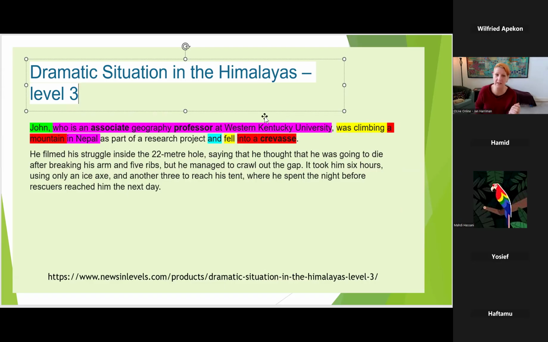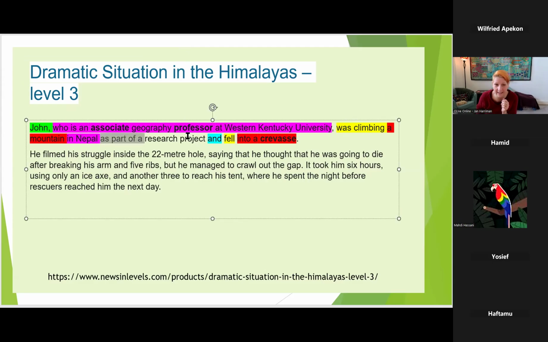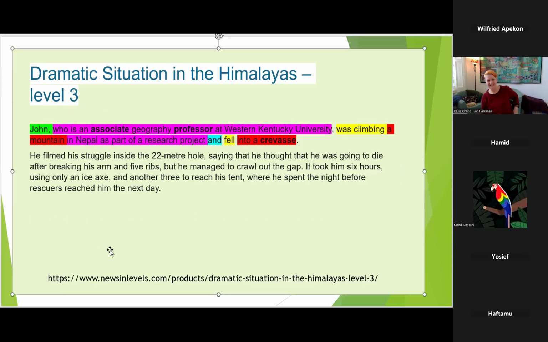John, who is an associate geography professor at Western Kentucky University, was climbing a mountain where? In Nepal. Why was he climbing the mountain? As part of his research. Excellent. There we go.